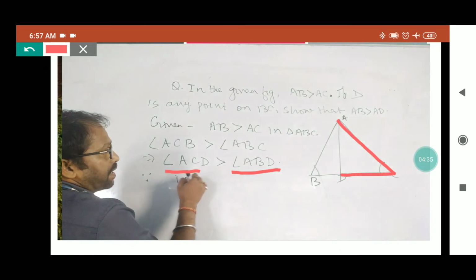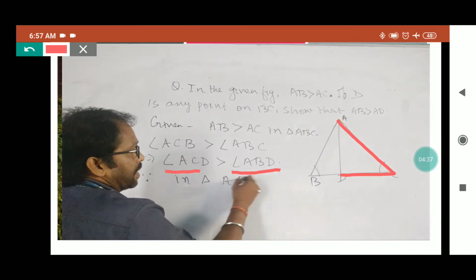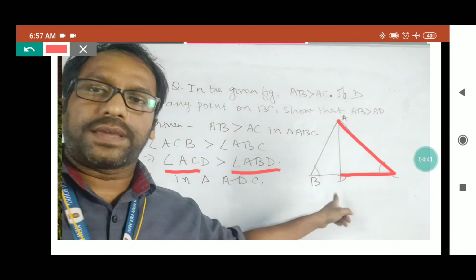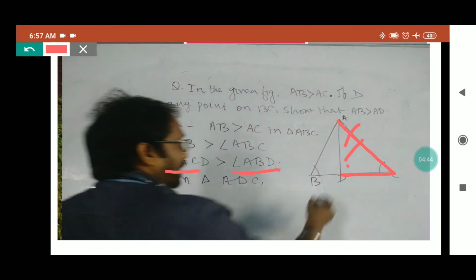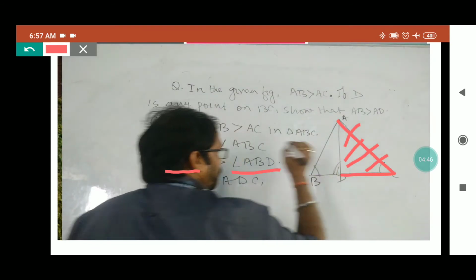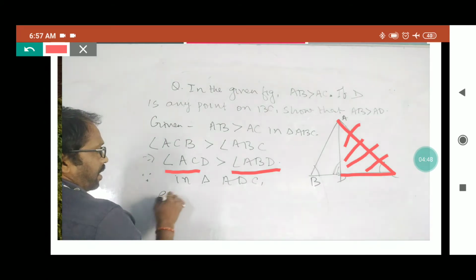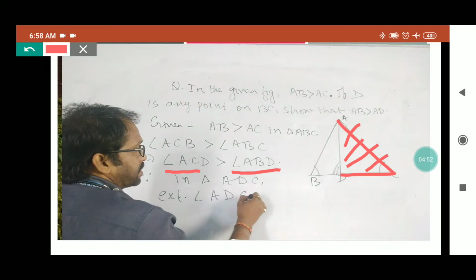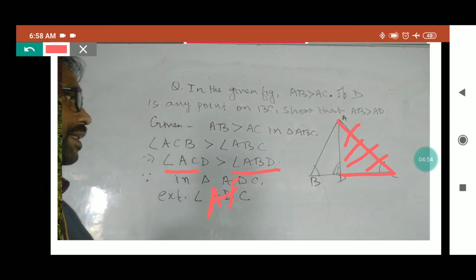Now we have an exterior angle. We have an exterior angle in triangle ADC. In this triangle ADC, the exterior angle is angle ADB.